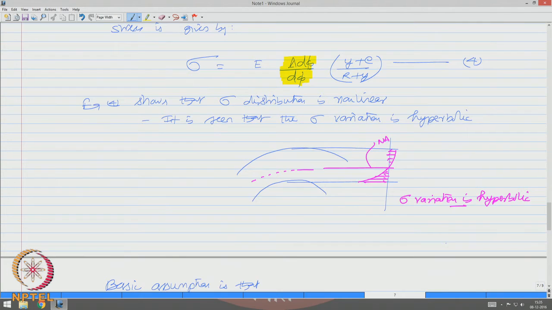We already have the equation for stress from equation 4. So, let us substitute stress from equation 4 in equation 5.